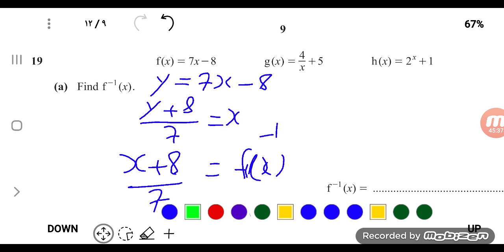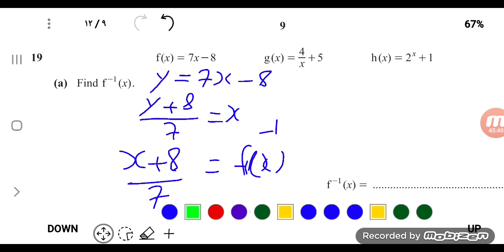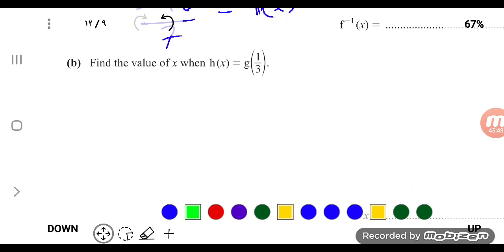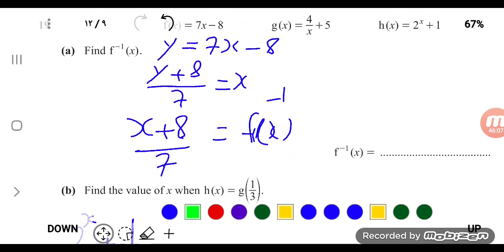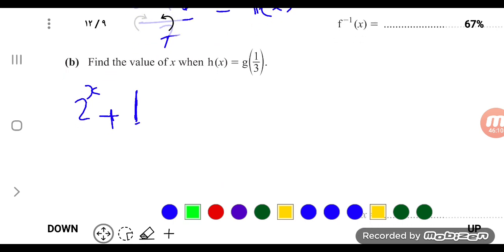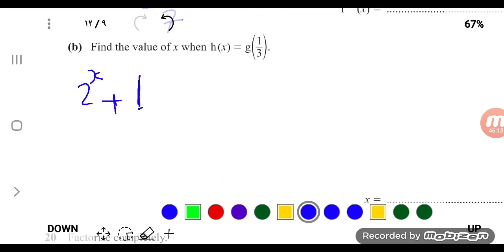So 2 to the power of x plus 1 equals 4 over 1/3 plus 5. Let's write it here. 2 to the x plus 1, this is h(x), and we plug 1/3 for x here, 4 over 1/3 plus 5.